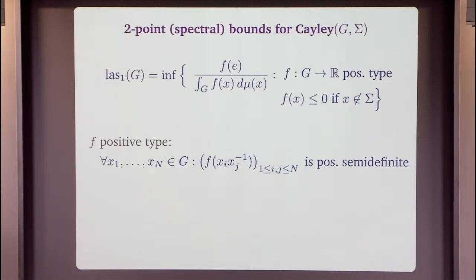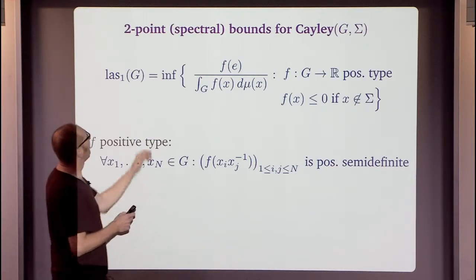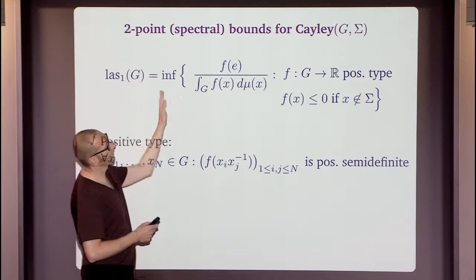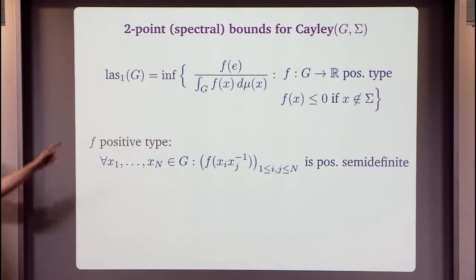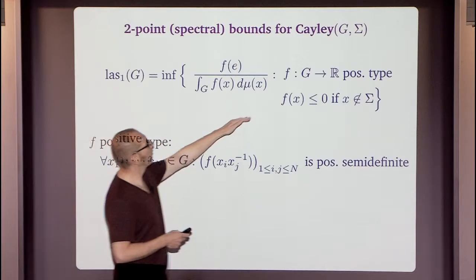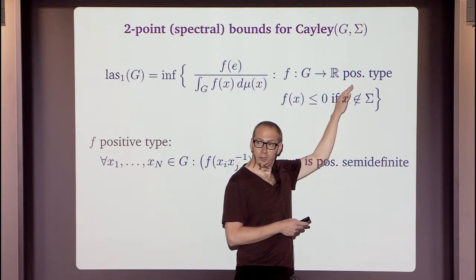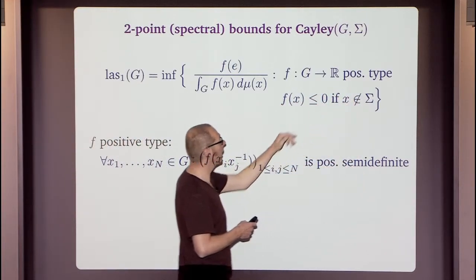Okay, so here are general 2-point bounds for Cayley graphs. That's the reason I focus on Cayley graphs, because then writing down Lasserre 1 is going to be a simple optimization problem. And the simple optimization problem looks as follows. So we optimize over positive type functions. We'll say in a minute what they are.